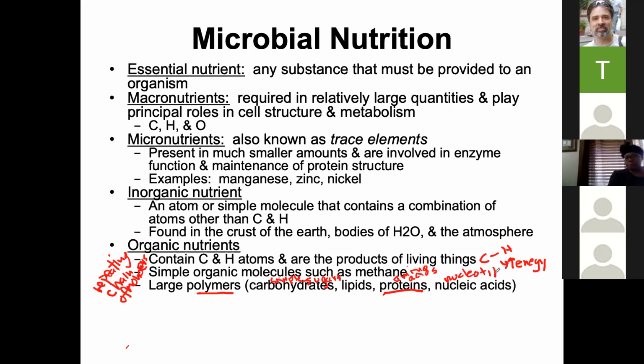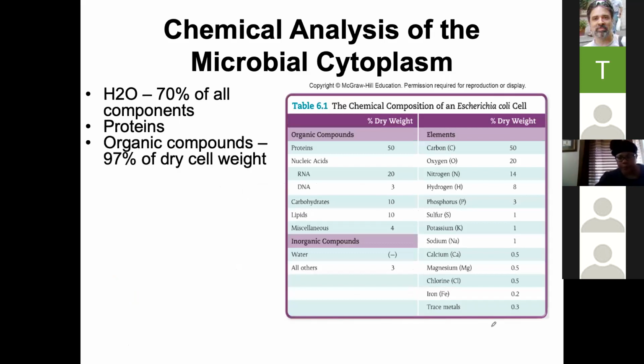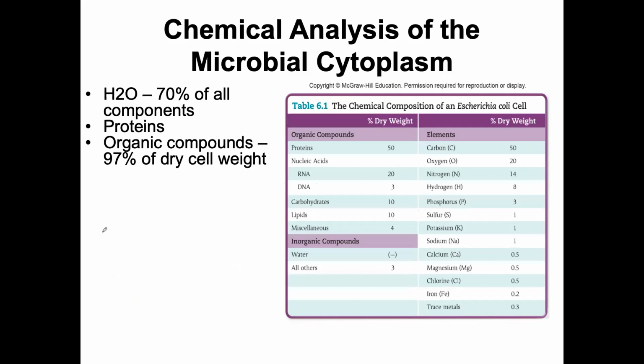So different building blocks. Water is 70% of all living things. Organic compounds are 97% of the dry cell weight. And proteins, as we've talked about earlier, are the tools of life.